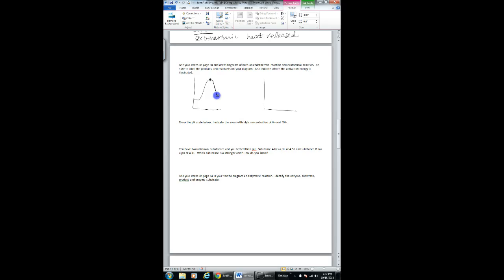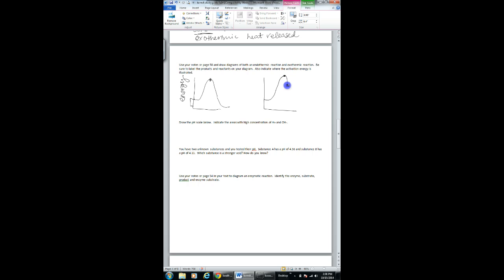And then when we finally get to the bottom, this is going to tell us which one is endothermic and which one is exothermic. Our exothermic reaction is going to be lower than our starting point, because there's going to be heat produced or extra energy released, and so it's going to be lower because this is the amount of energy along this y-axis, whereas the endothermic is going to go up.